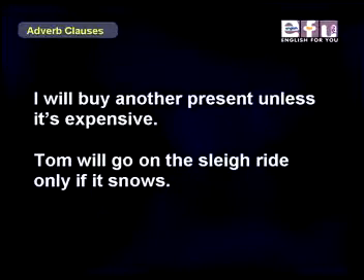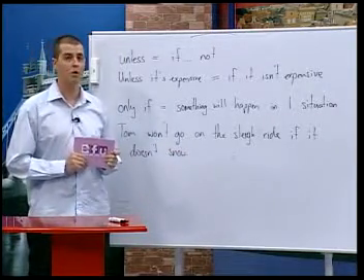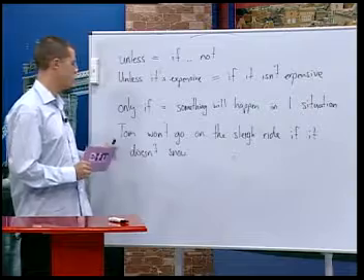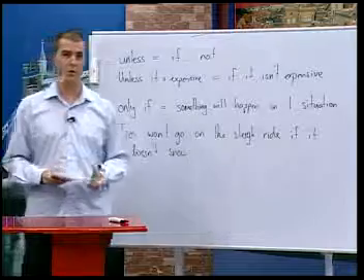The second sentence means Tom won't go on the sleigh ride if it doesn't snow. So in our second sentence, Tom will go on the sleigh ride only if it snows. That means Tom won't go on the sleigh ride if it doesn't snow. That's only if. Let's practice.